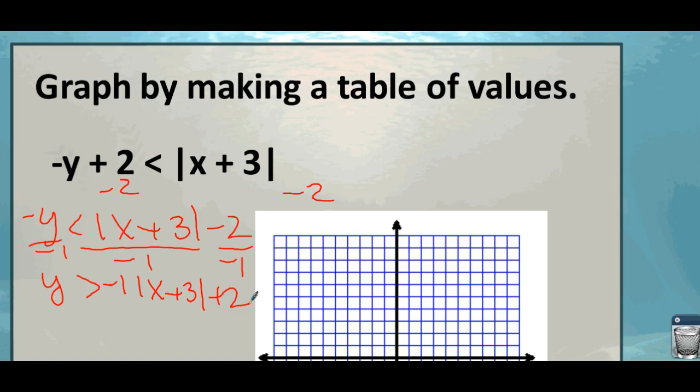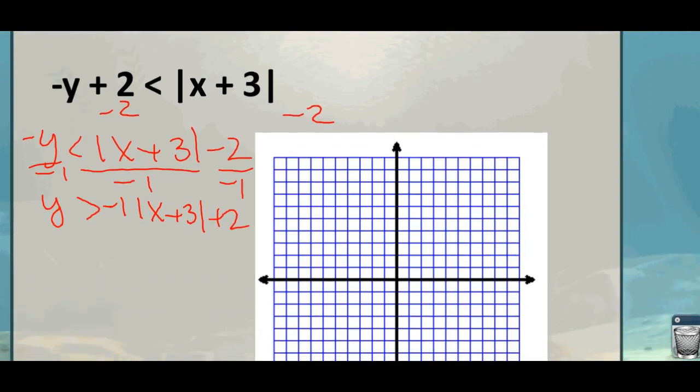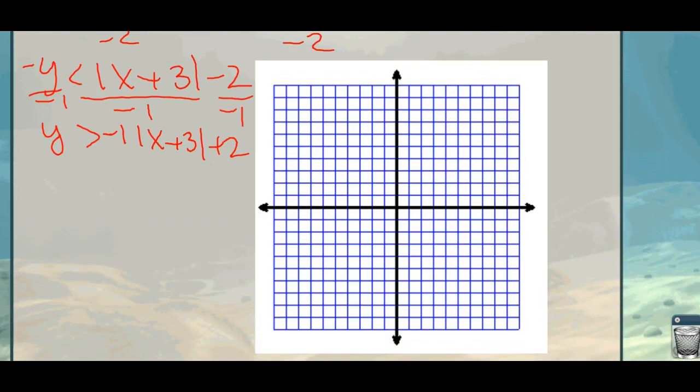Alright, so now we start with our vertex. So you go left 3 and down 2. It's negatively reflected. So that means it's going to open down.